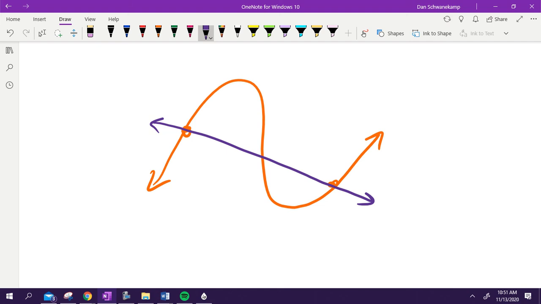How many times? At least twice, right? Because if its slope is that, like probably right about here, my slope is that. Oh, just kidding. Like right about there, my slope would be that. And right about here, my slope would be that.